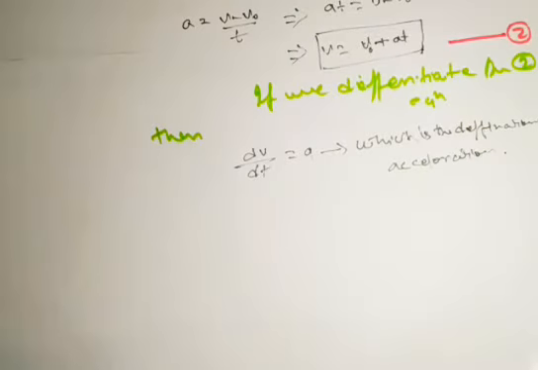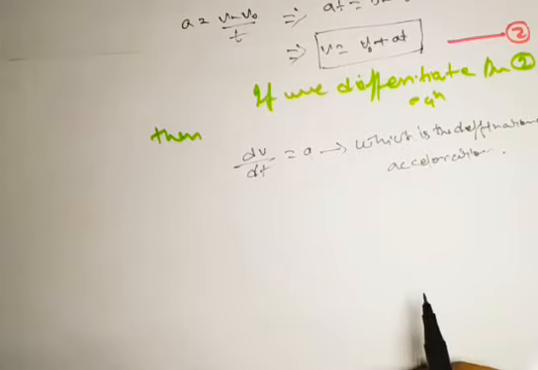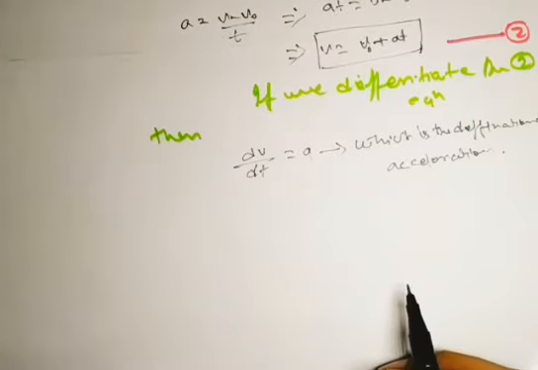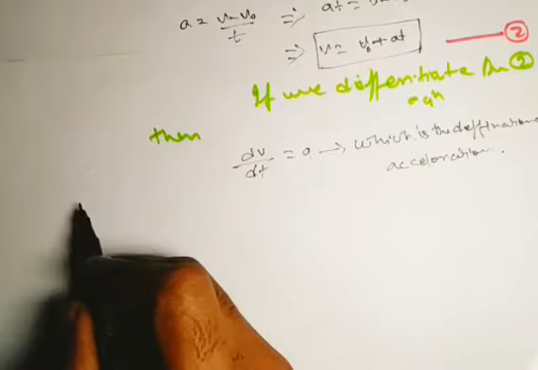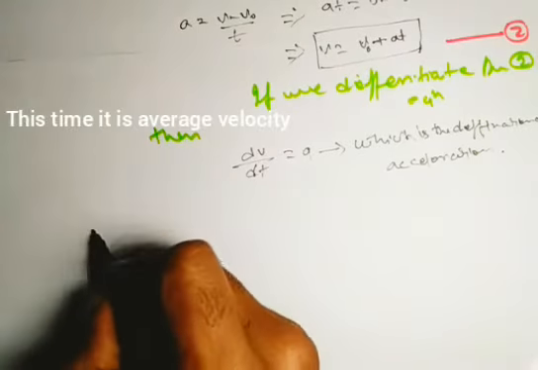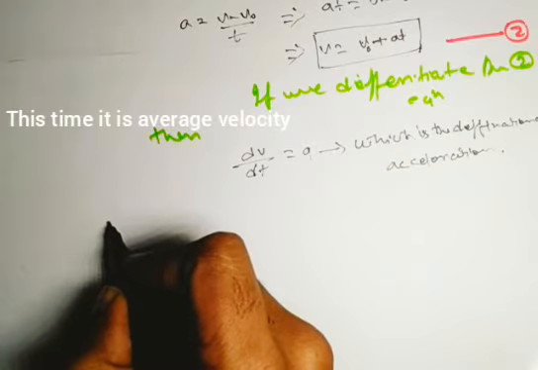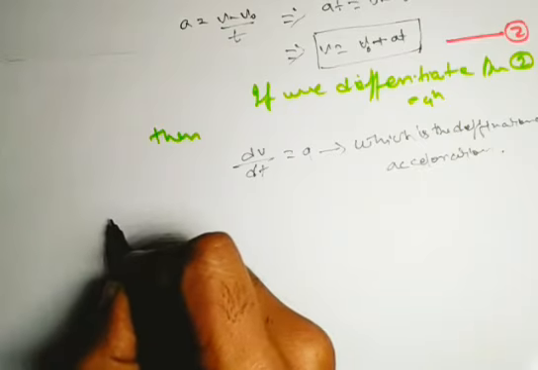If there is a constant in time, then we can also change the average velocity formula. So what is the average velocity formula?